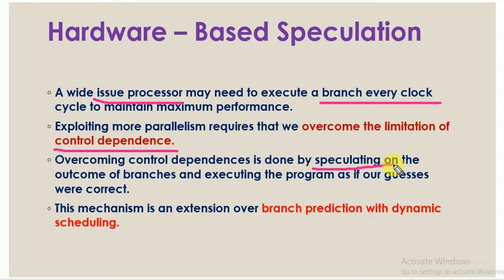So we are doing hardware based speculation on the outcome of branches and executing the program as if our guesses were correct. We always predict, we speculate on the branches, and we move forward as if the guesses are correct. This mechanism is an extension of branch prediction with dynamic scheduling, which was already discussed in the previous session.